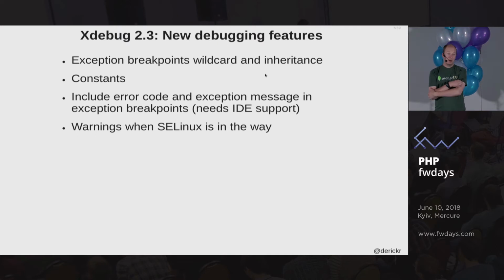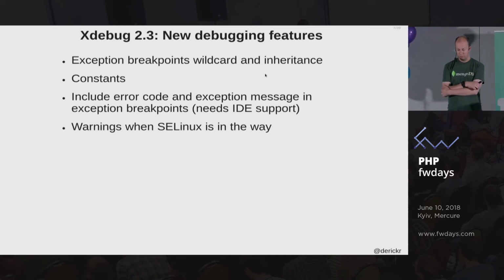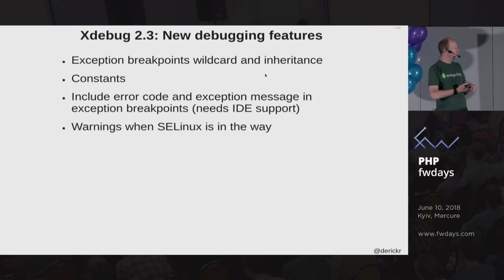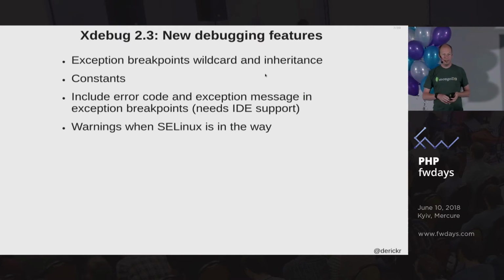So going back to the new features in debugging, before I try to give a live demo on this as well, there's a whole bunch of additions to the protocol now. And these things only really work with the latest versions of PhpStorm. You need to have the 2018 dot something version at least for these things to work.